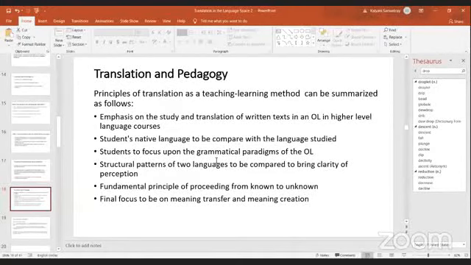If language is to be used, the one major function of language is to create meaning and to transfer meaning. That is the major function. So ultimately, translation should focus on this meaning making process and meaning transfer process, how best that can be accomplished.